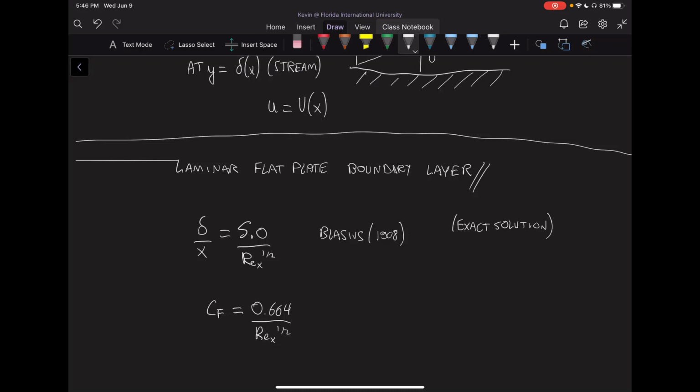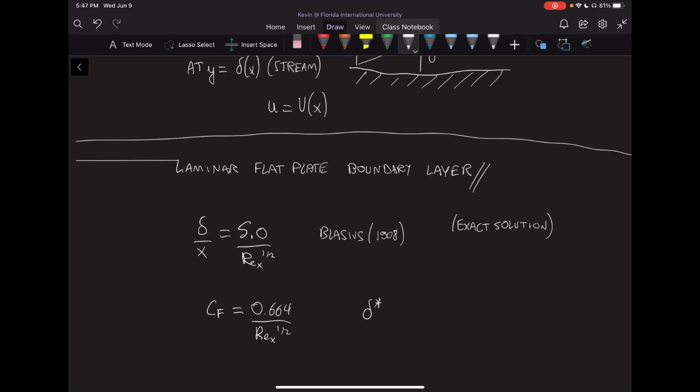And we also can develop an equation for our displacement thickness. If you remember, we have a term called displacement thickness, which is essentially how much the flow is displaced up as it moves forward into the flow. And this is a way of simplifying our computation.